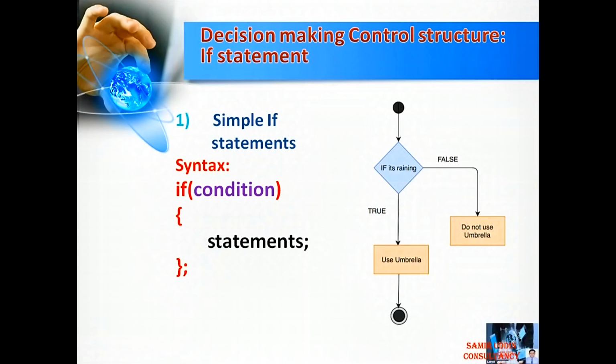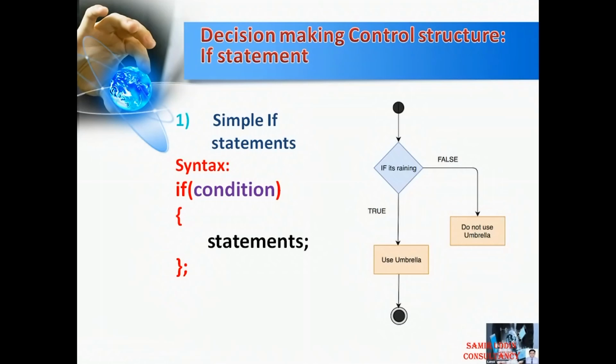If the condition returns 1 or true, then whatever is written within the curly braces of the if block will be executed, otherwise the program terminates, because there is no else option or other condition in a simple if statement. So let's take an example to demonstrate the simple if statement.